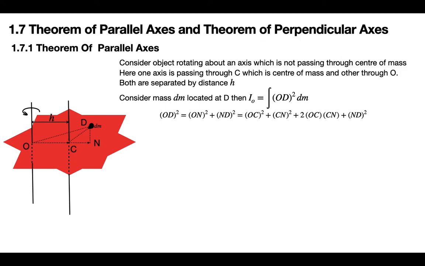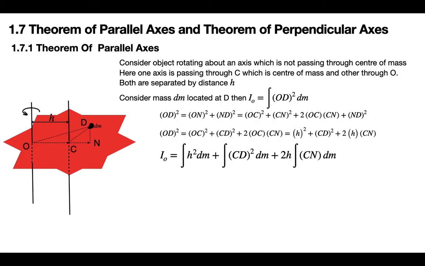You get OD square is equal to OC square plus CN square plus 2 OC into CN plus ND square. You can rewrite that because OC is nothing but H. So you get OD square is equal to H square plus CD square plus 2 H CN. So you can effectively rewrite IO is equal to the integration of H square dm plus CD square dm plus 2 H CN dm.